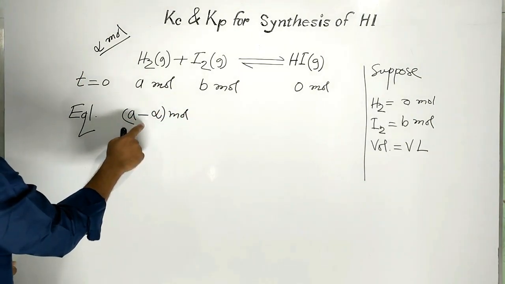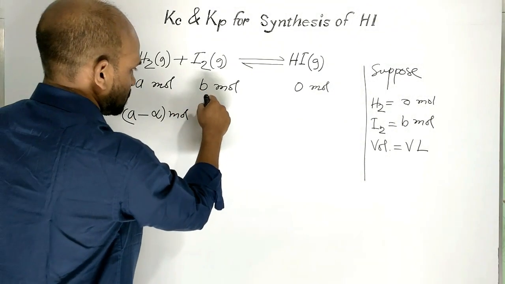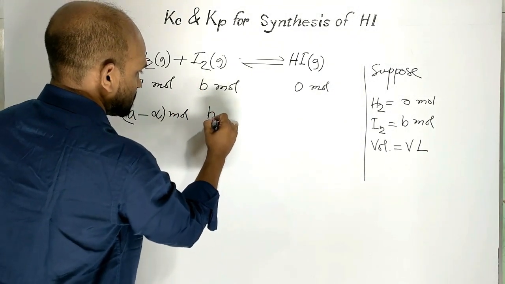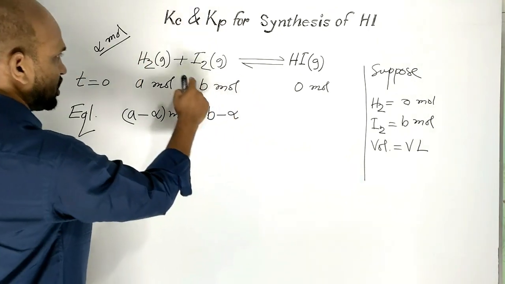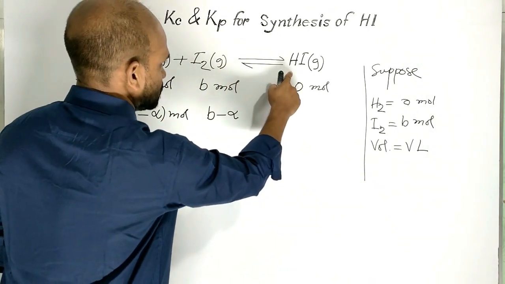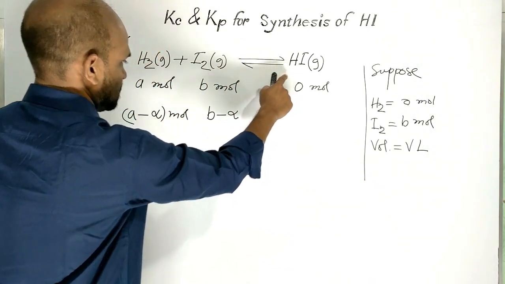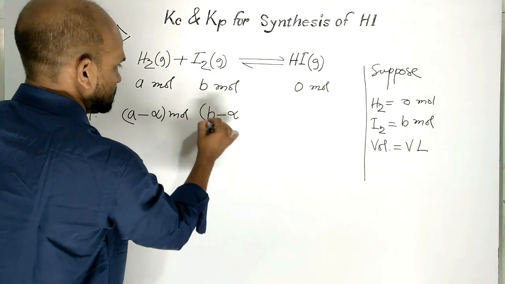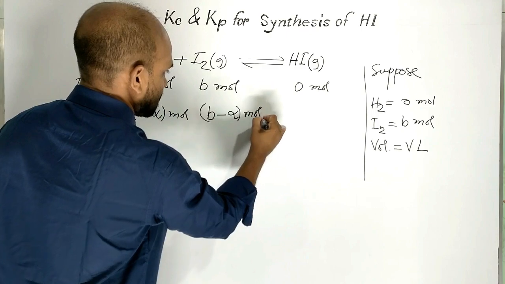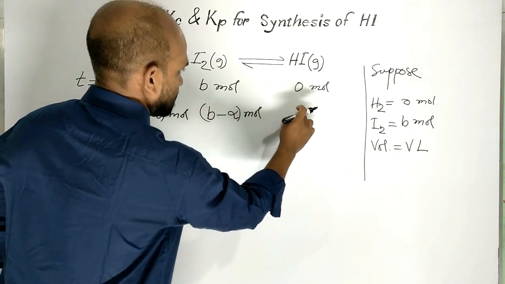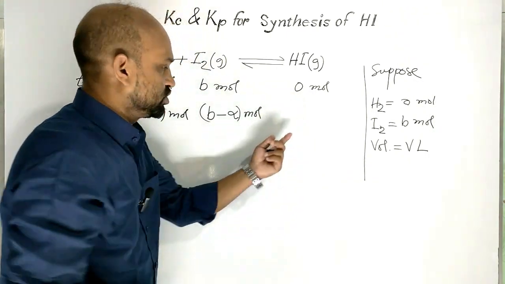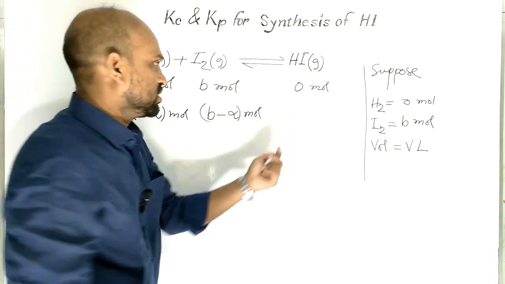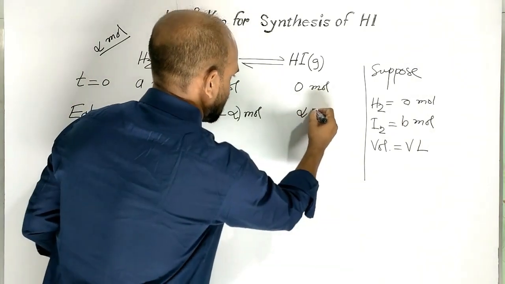Out of B mole, alpha mole of iodine is converted to hydrogen iodide. Then the remaining number of moles of iodine is B minus alpha, and hydrogen iodide produced at equilibrium is alpha mole.